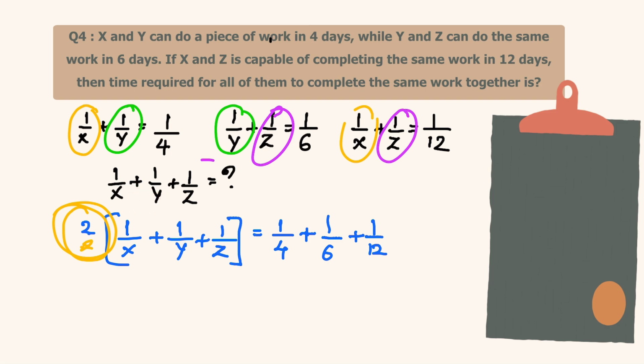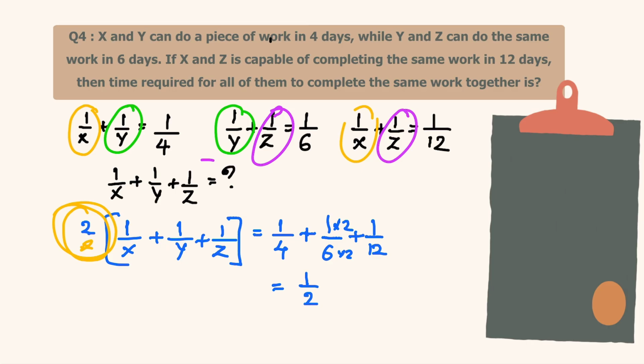Then you will get what you need, 1 by x plus 1 by y plus 1 by z. This portion we have to find. Simply do this calculation and then divide by 2. Don't forget the last step, dividing by 2. So when you solve it, you will get 3 by 12 into 2, that is 1 by 4. 1 by 4 plus 1 by 4, you will get 1 by 2.